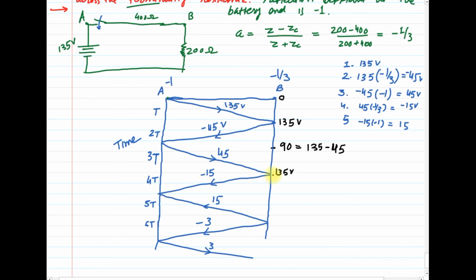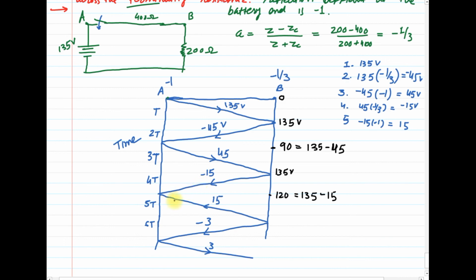After the reflection from point B, the voltage becomes 120, which is 135 minus 15. Clear? Which is 120.